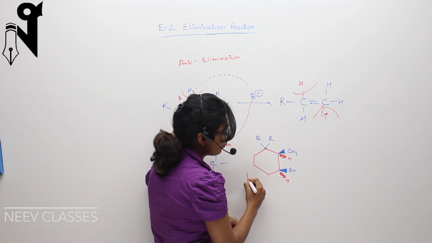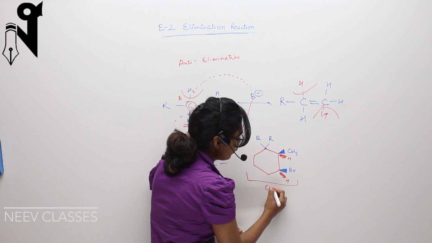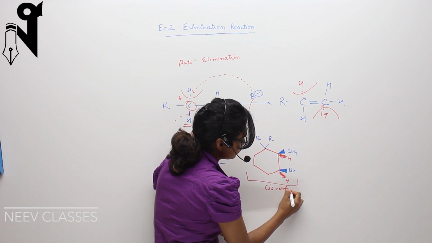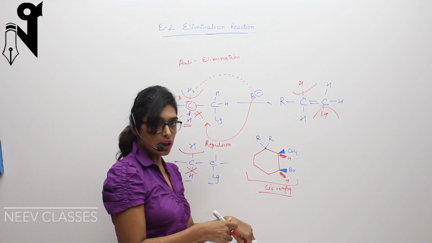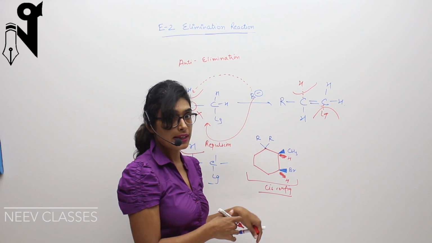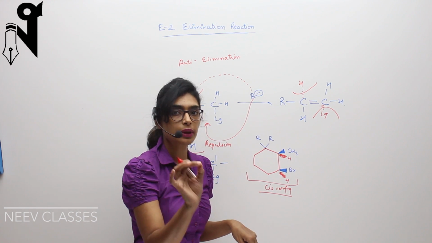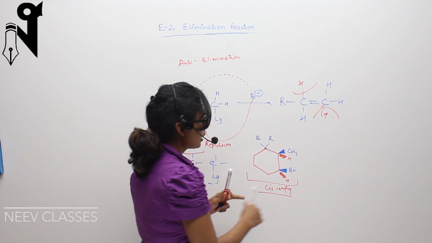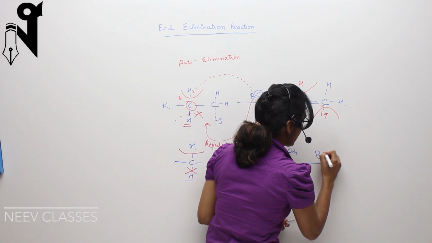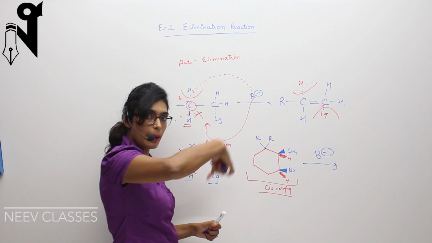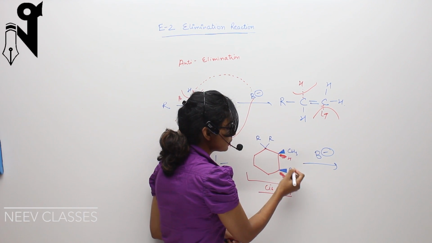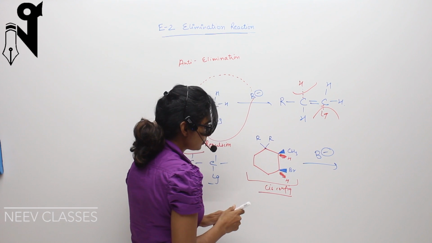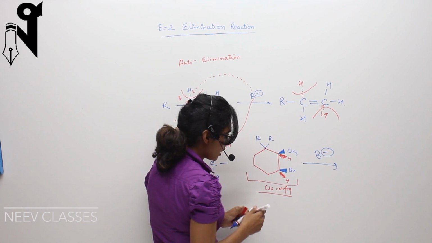Now this kind of configuration is cis configuration. All of you understand this is cis because both of the hydrogens are away from the viewer and both are in the same direction. Now if my base has to attack, my base will go from the back side, away from the viewer side, and will remove this hydrogen. So if this is Br here, I have two beta carbons.